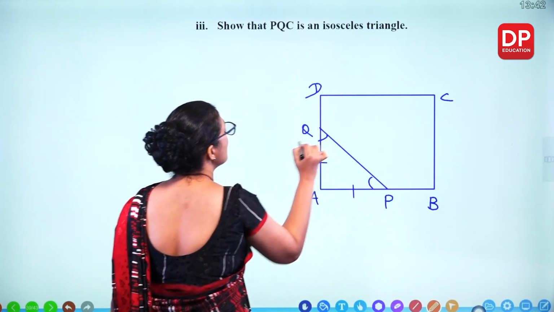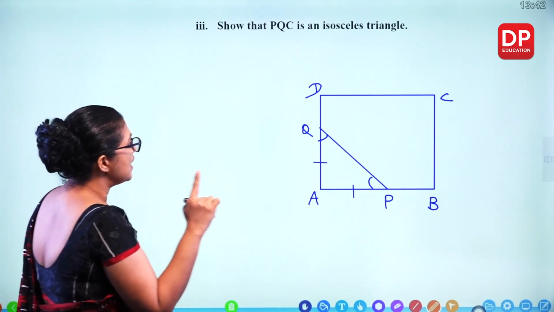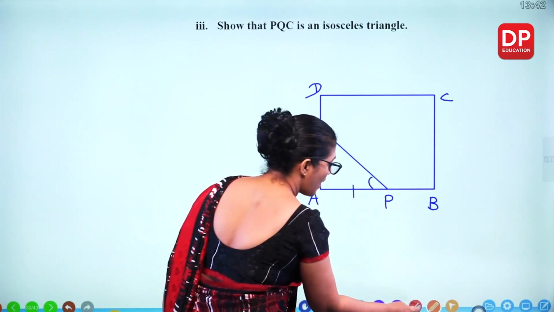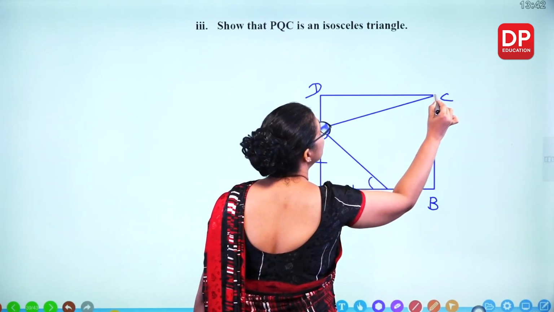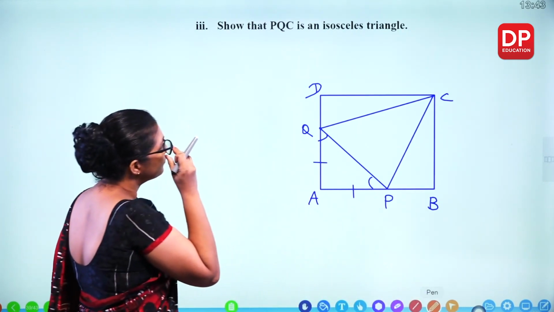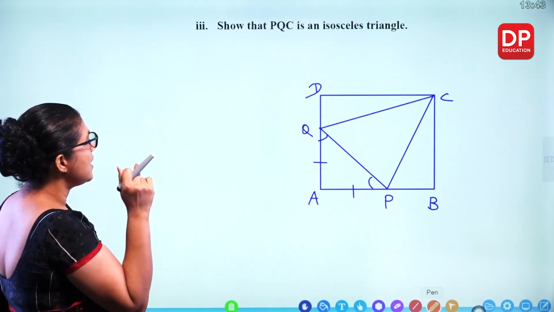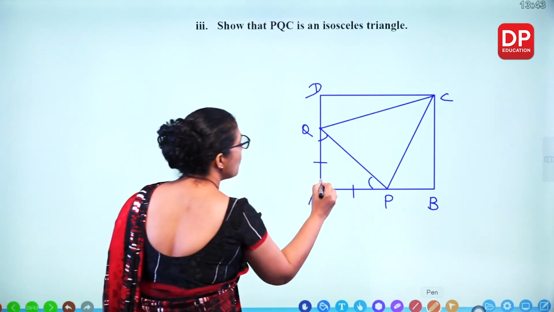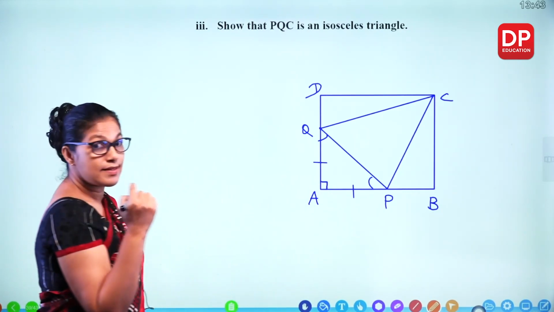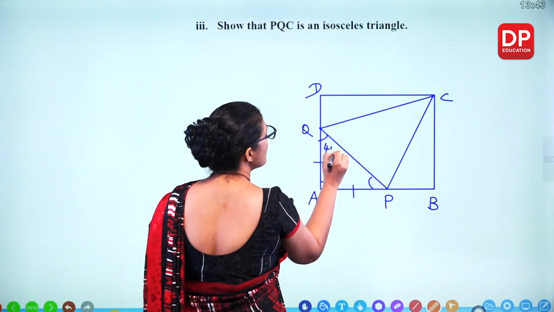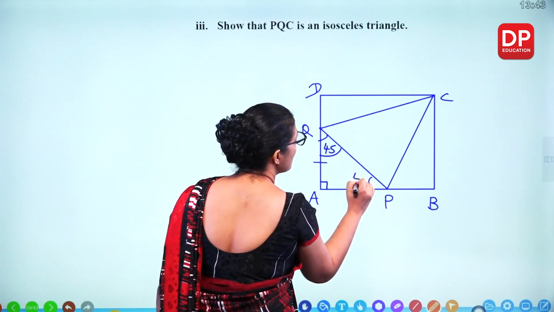This is P and Q. PQC is an isosceles triangle. So we'll connect. We know this is 90 degrees. It's a square. These 2 lengths are equal, means this is 45. This is 45.